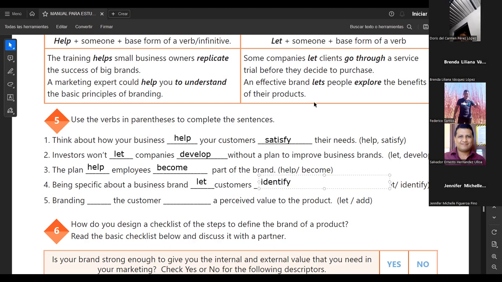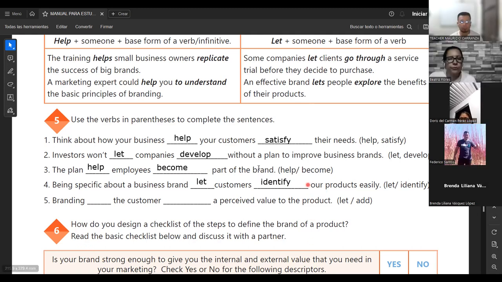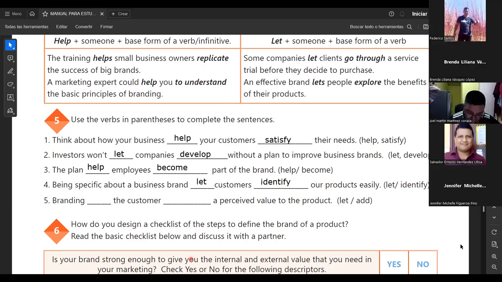Thank you very much. So you think it's correct, everybody? Yes, teacher. Very good. Just everybody repeat. Identify. Identify. Because this is also similar to identity, right? Good.